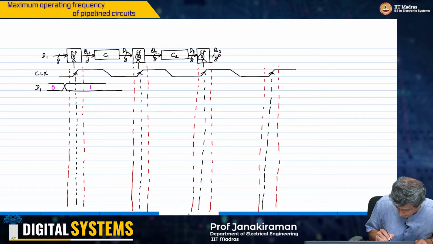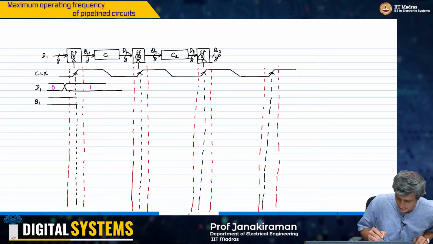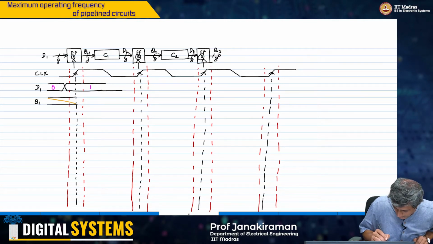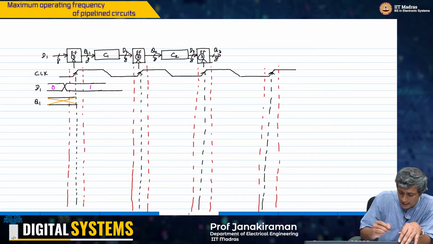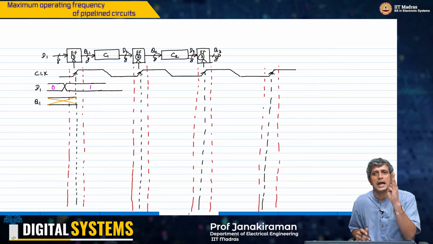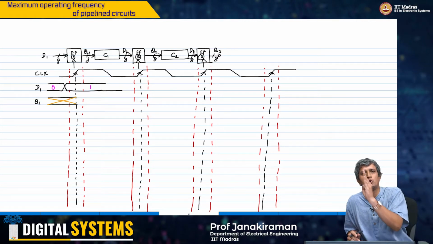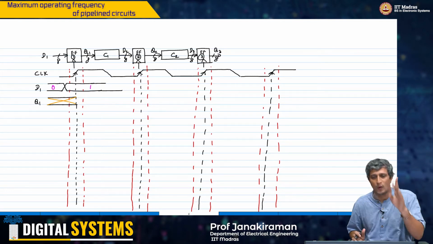If I look at my Q1, I do not know what the data was before this because it is in an unknown state. I have no idea what was captured. Then at the clock edge, it is going to take at least the clock-to-Q delay for the data to appear at the output on Q1.